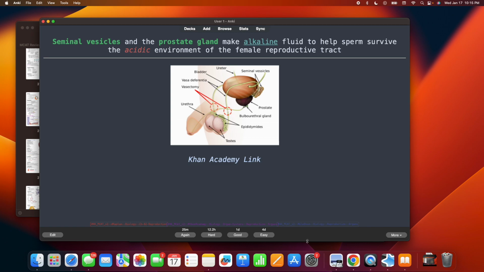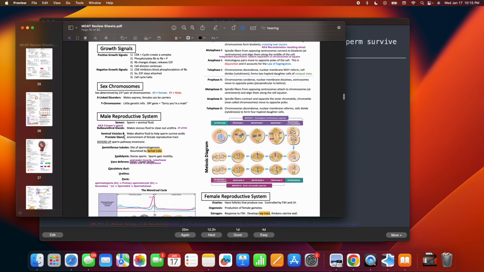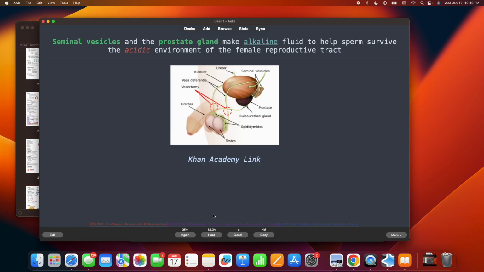So we have the prostate gland and seminal vesicles, which come before the vas deferens in the pathway. A vesicle is like a gland, like a cyst to make alkaline fluid to help sperm.